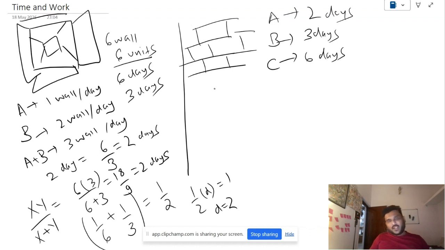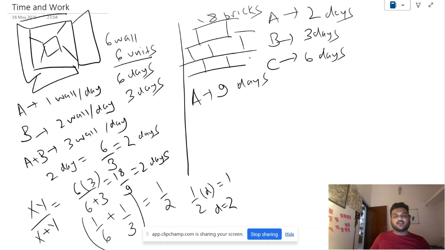So again, if we look at the total number of bricks, let's say that there are a total of 18 bricks in this wall. Okay, so A is going to take 2 days to make 18 bricks.